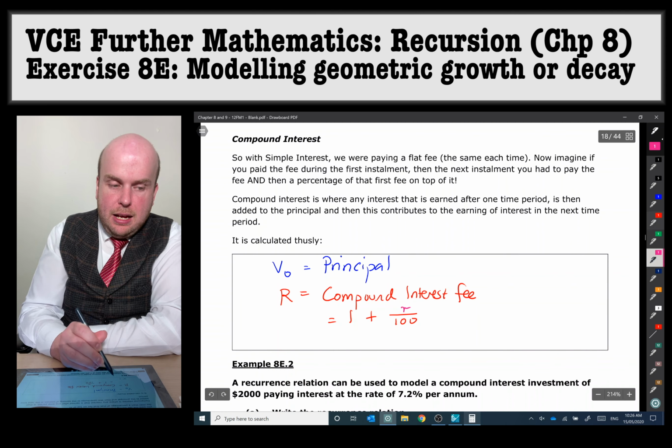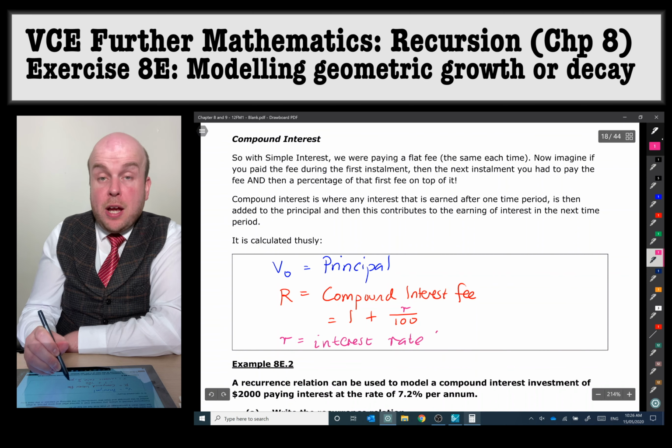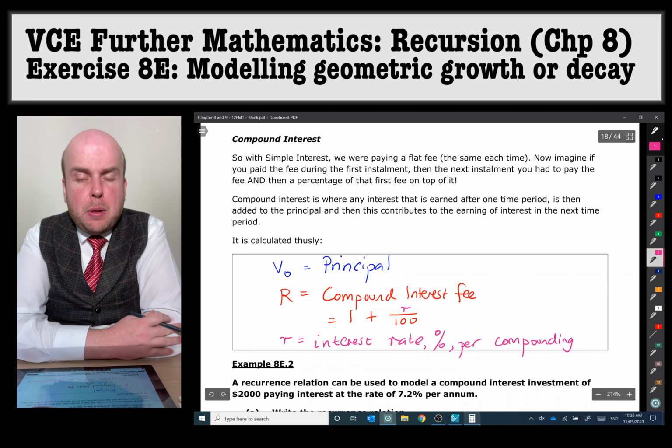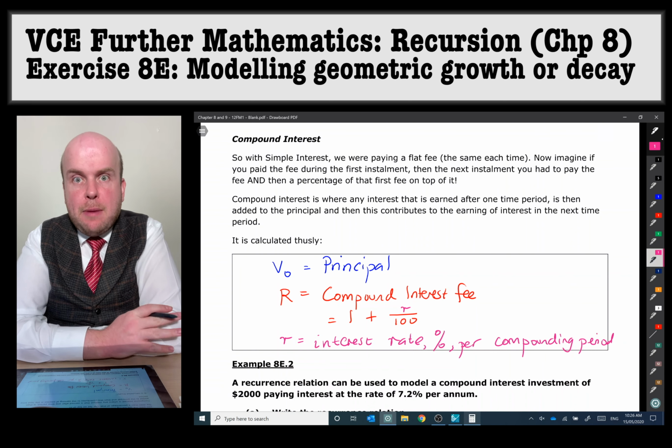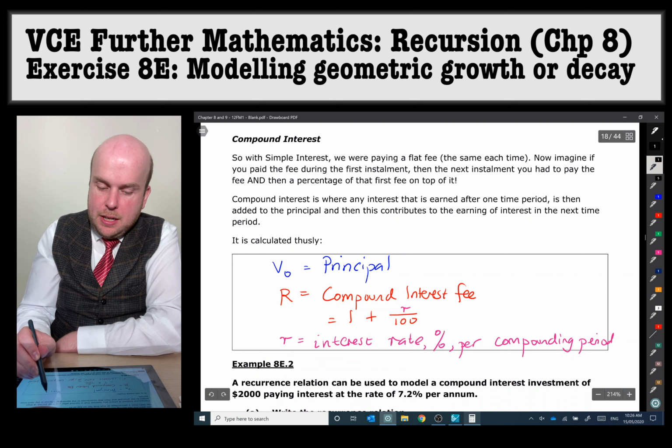And then that little r, of course, is an interest rate as a percentage. And I'm going to write here per compounding period. The kinds of problems here really do rely on you knowing what the time periods are and keeping everything consistent. And the formula that we use for this is Vn plus 1 is equal to R times Vn.